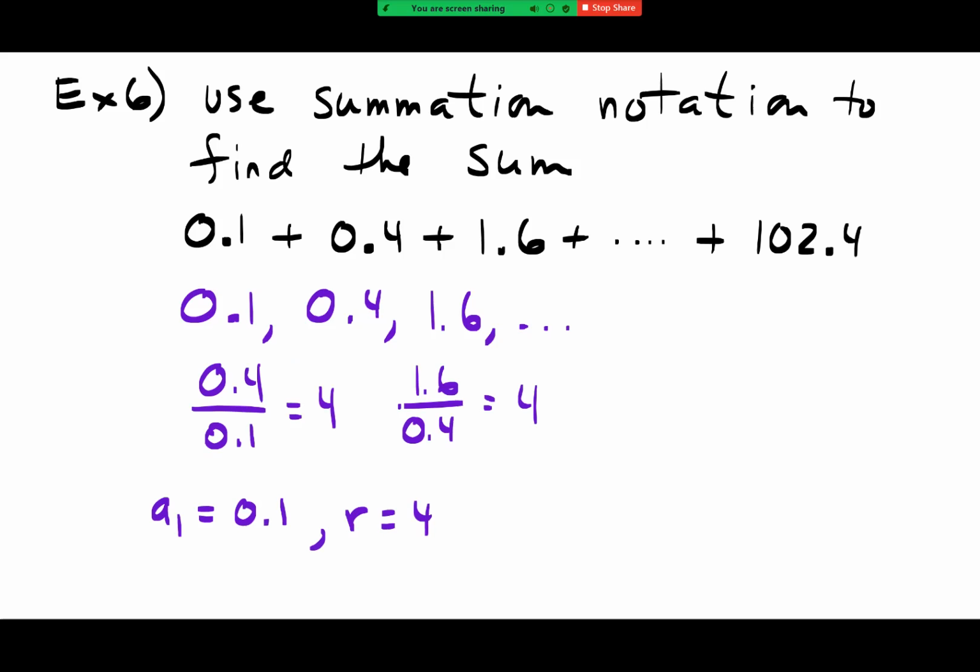My little problem here is how long do I go? So 102.4. Well, he knew that he was going to do Frederick Gauss.